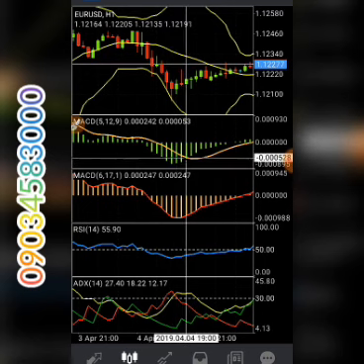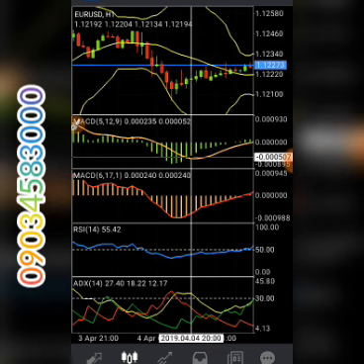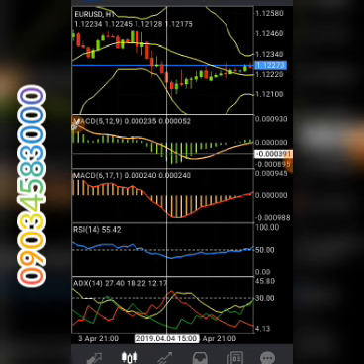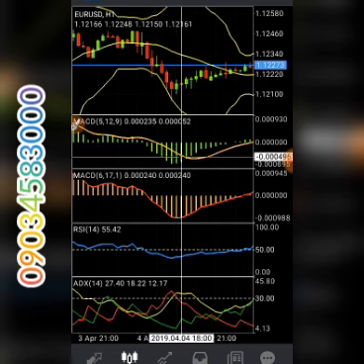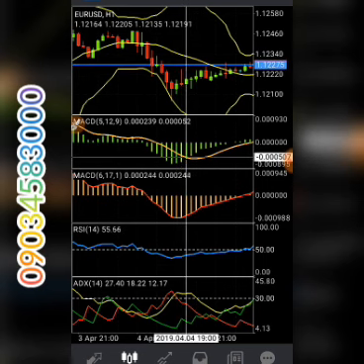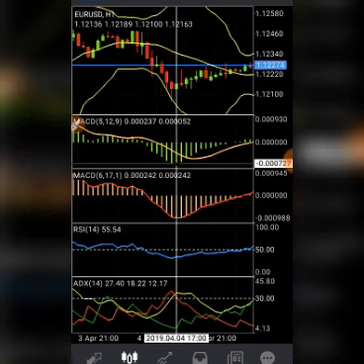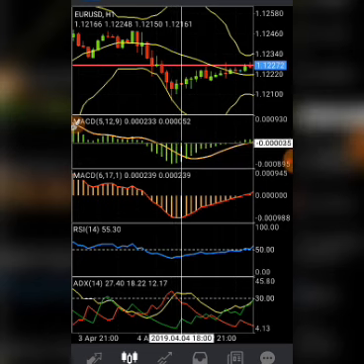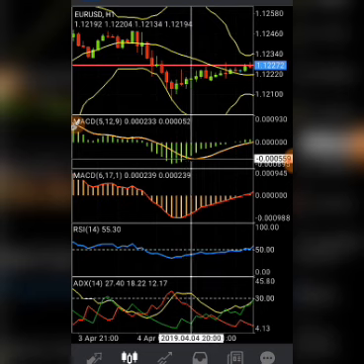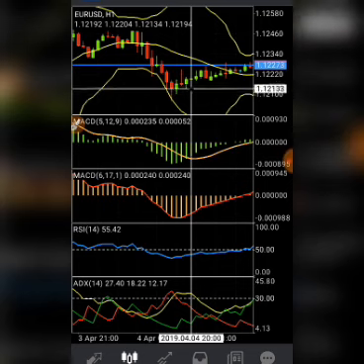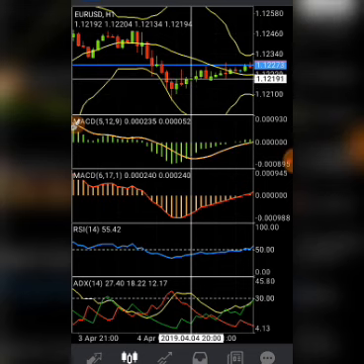Now when the histogram, I hope you're understanding me, please don't be confused, when the histogram, the green lines, starts going above the signal line, it is a signal that we're going into a buy zone, so we close the sell trade.